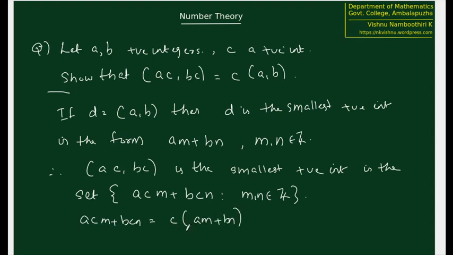In this expression, what are the fixed numbers and what are the possible variables? We know that c is given, therefore it is fixed, we cannot change it. a is given, we cannot change it. b is given, we cannot change it, because a, b, c are all given in the question. Now, what are the things that we can vary? m and n we can vary. We have to vary m and n in such a way that c times (am plus bn) is least.